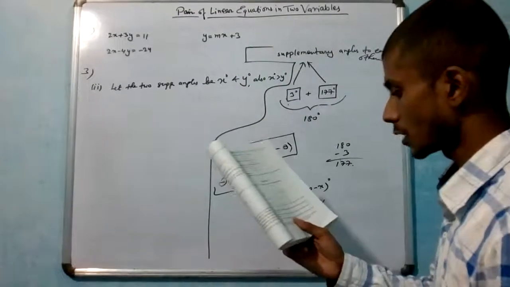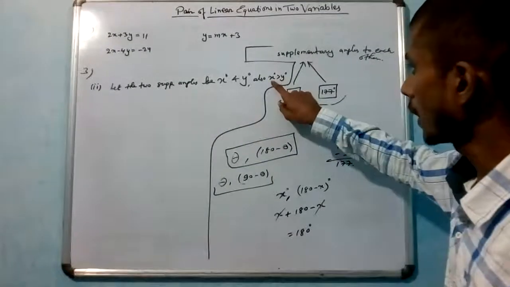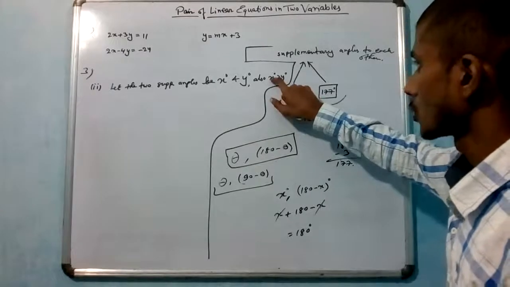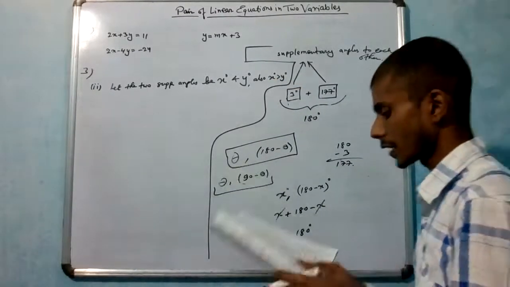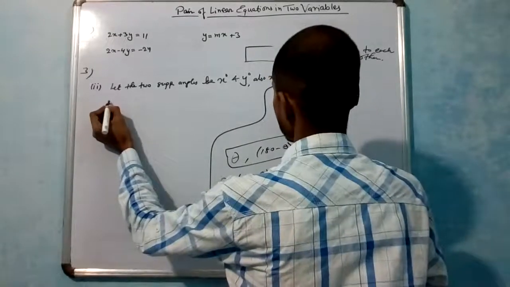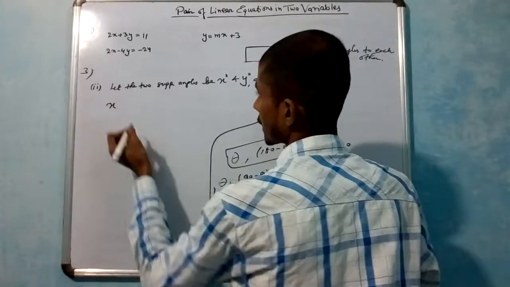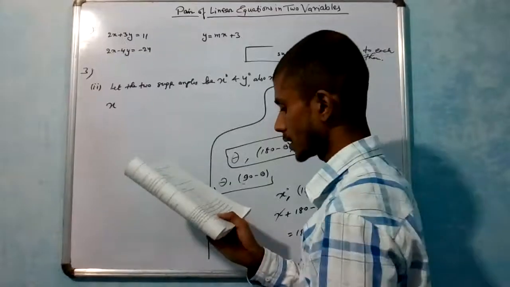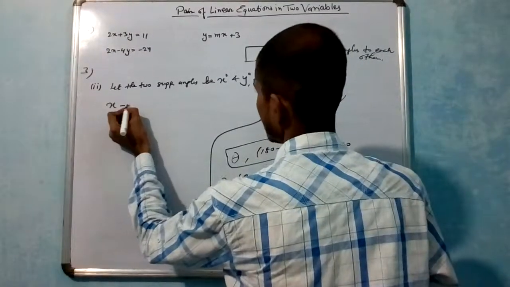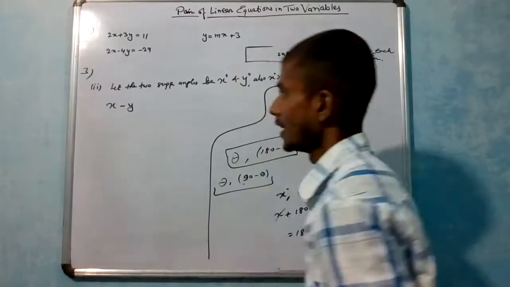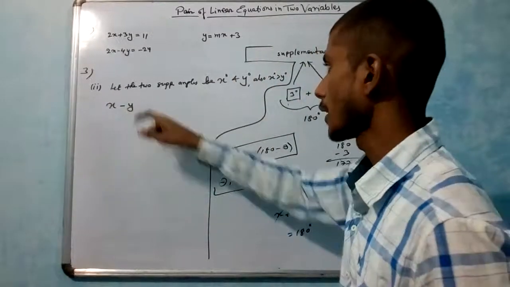So now according to the question, the larger of the two supplementary angles. Since we have assumed which one is greater, the larger is x, and this larger x of the two supplementary angles exceeds the smaller, means it is greater than the smaller by how much?